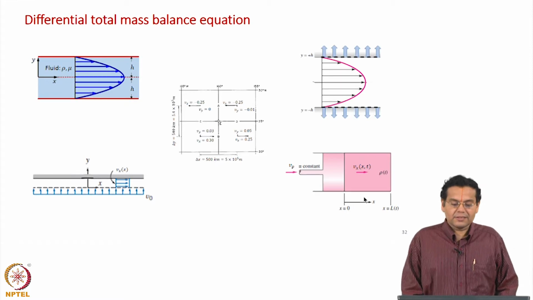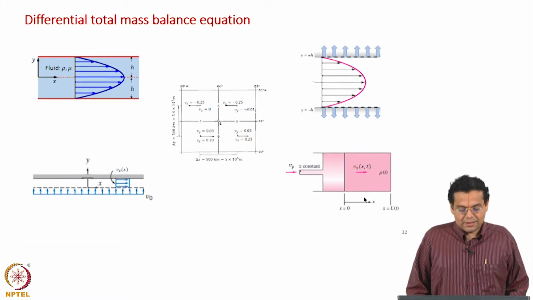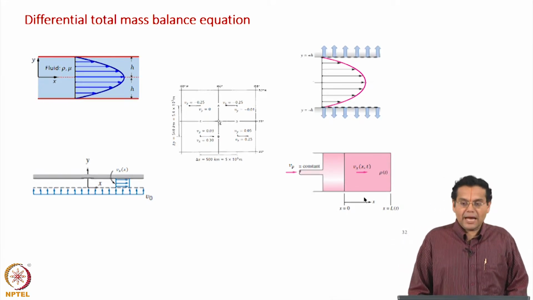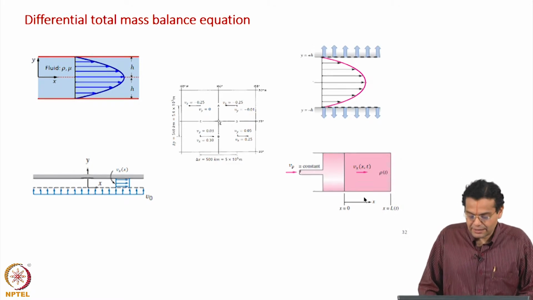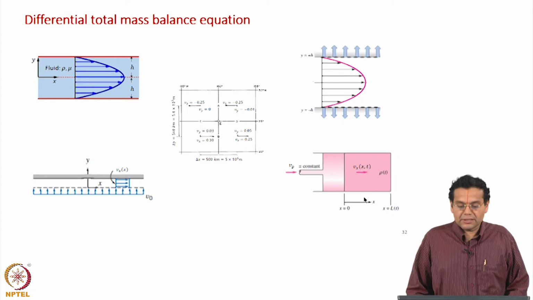Another configuration is the same parallel plates, but with porous walls, and then flow in a narrow gap. Another interesting example links measurements in the ocean, and then of course the last example would be once again on transient.